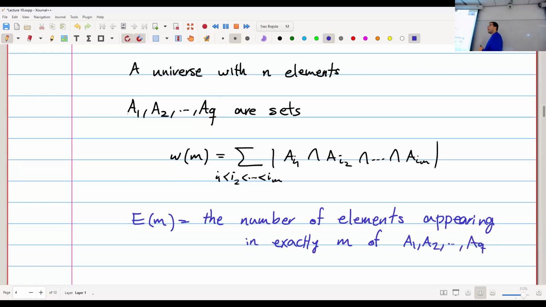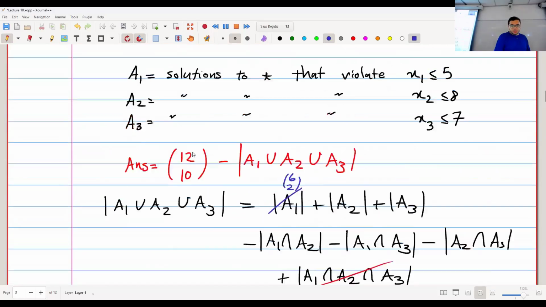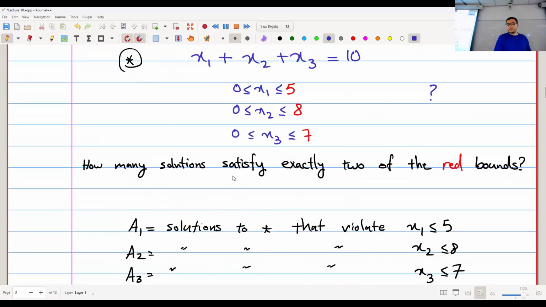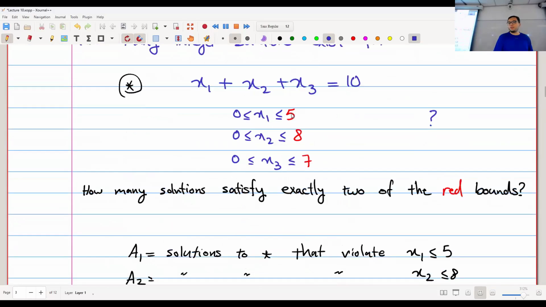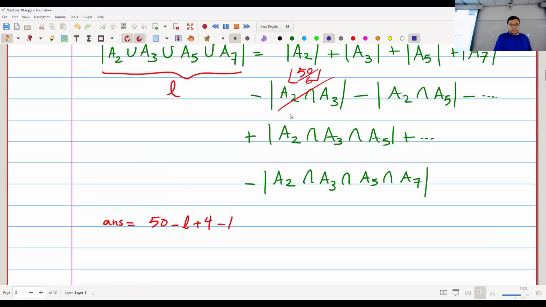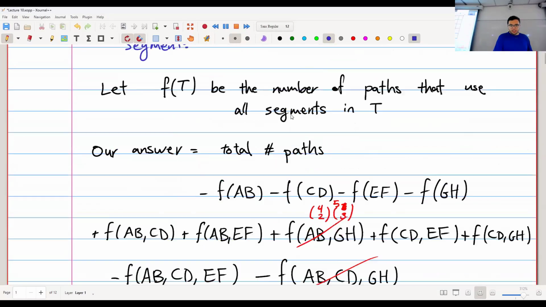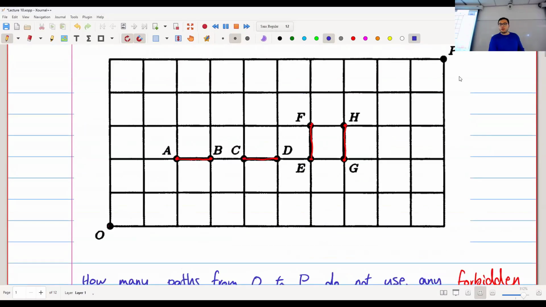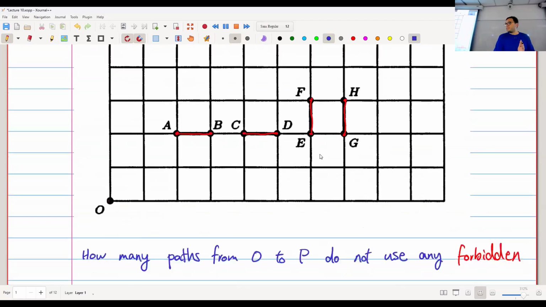I want to find a formula for this em, because if I find that, then I can answer questions like this. I can say how many solutions satisfy exactly 2 of the red bounds, or I can answer a question like this one. I can say how many of the paths from O to P go through exactly 3 of these segments. So I want to answer exactly m questions.